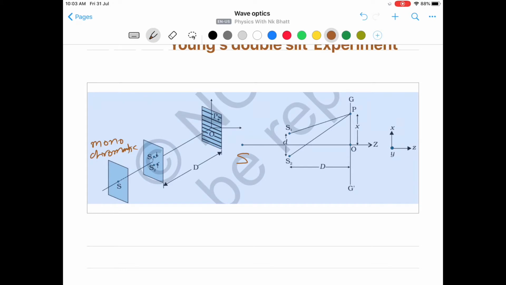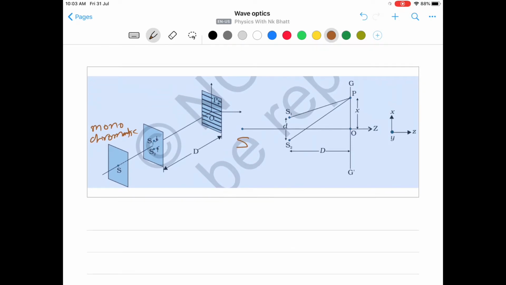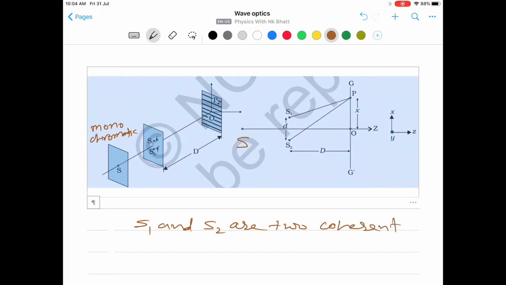So here we can find the path difference between the two waves originated from S1 and S2. For the purpose, we will use a right angle triangle. You can see here the screen GG dash, and S1 and S2 are two coherent sources.